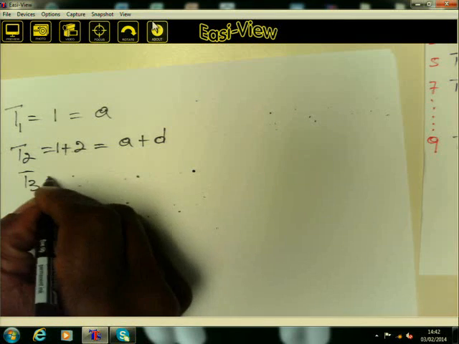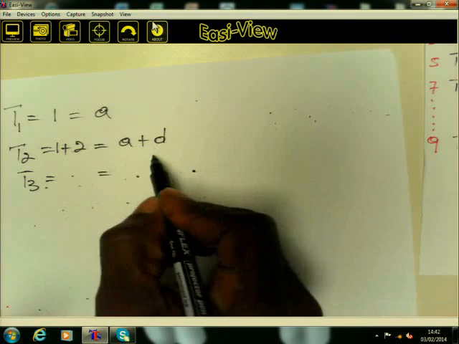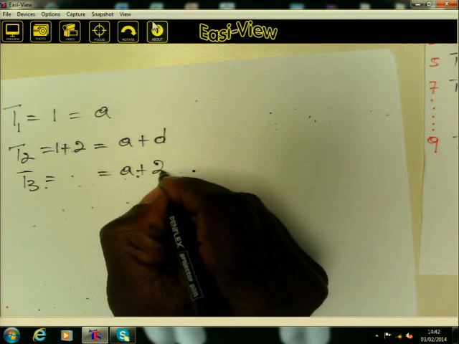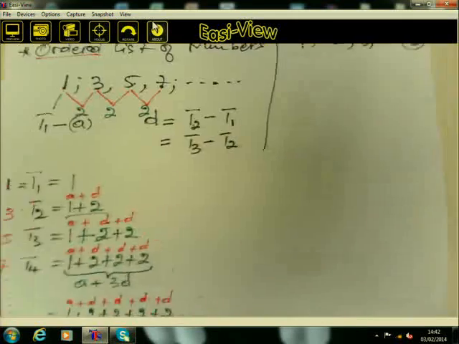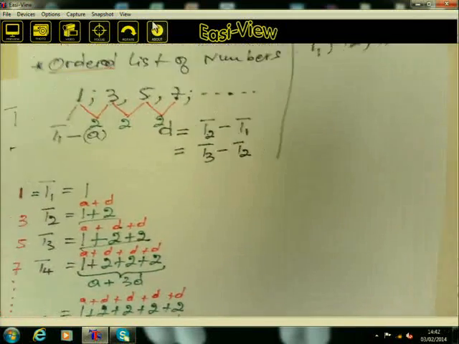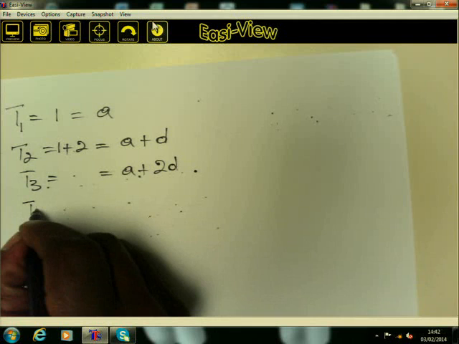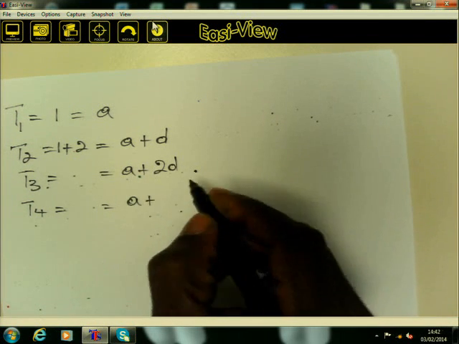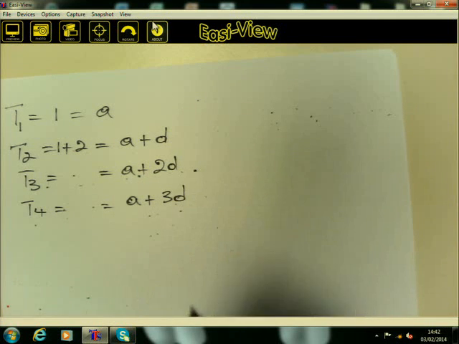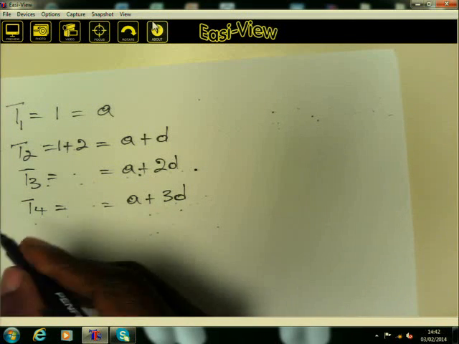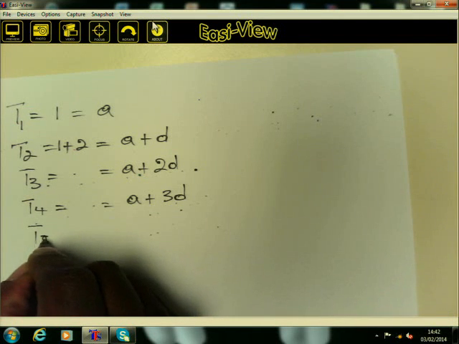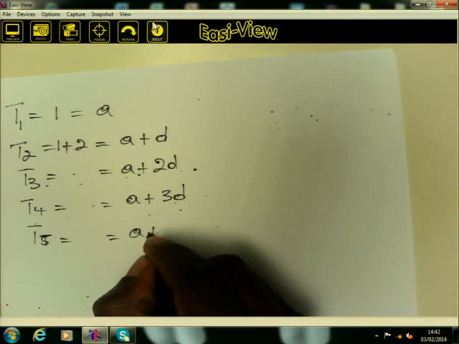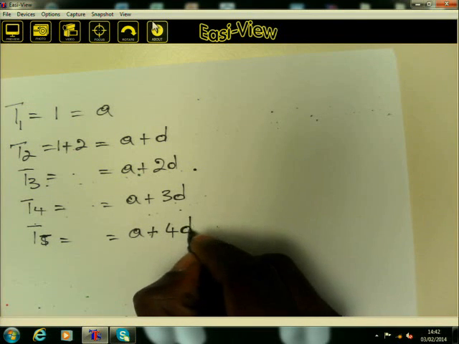The third term, if we take it to that now, it will be the first term plus the 2 differences which we had there. And then the term number 4 will be nothing else but A plus the 3 differences. Let's take term 5 for an example. Term number 5, if we take it this side, it will be A plus 4 differences.